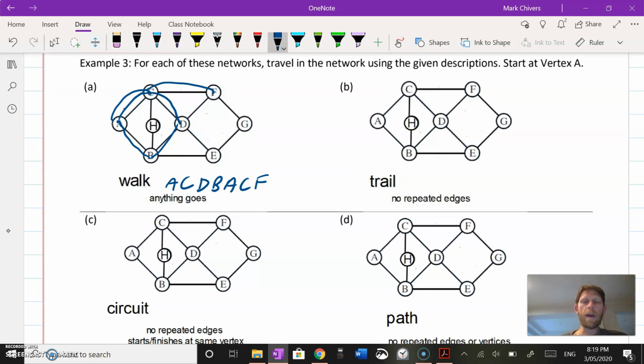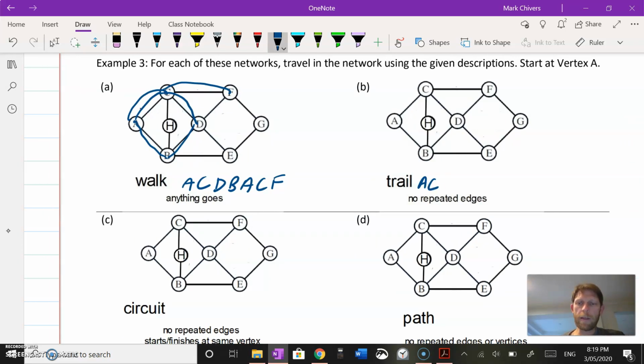Okay. Now, we couldn't do that with a trail because the edge between A and C got repeated there. So if we were doing a trail, we could, for instance, do A, C, D, F, G, E, D, B. So let's just see what happens there.